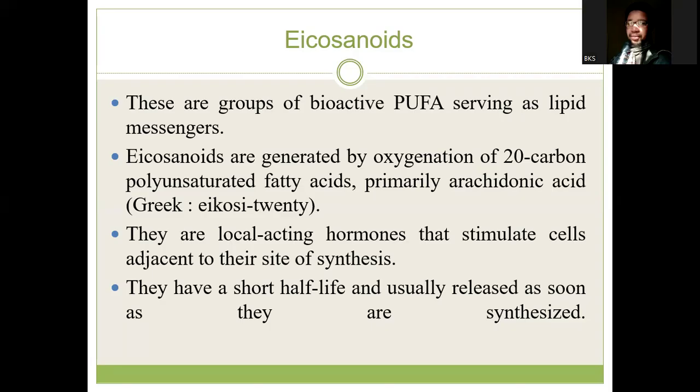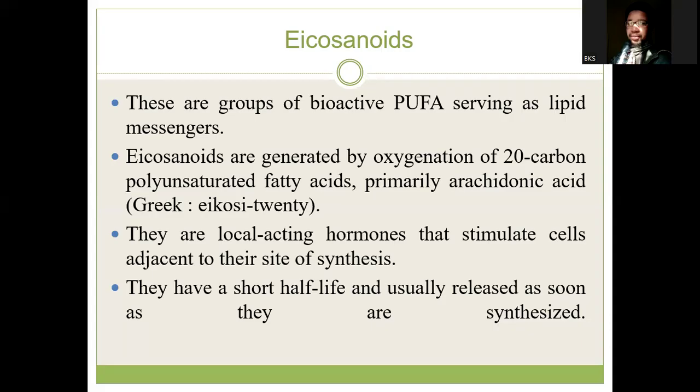They can be endocrine hormones and they can be exocrine hormones. So we talked about steroids, which form part of the endocrine hormones. In the case of eicosanoids, basically eicosanoids form part of these exocrine hormones, and we explained the difference between endocrine and exocrine hormones. So they are basically made up of polyunsaturated fatty acids, which serve as the lipid messengers.